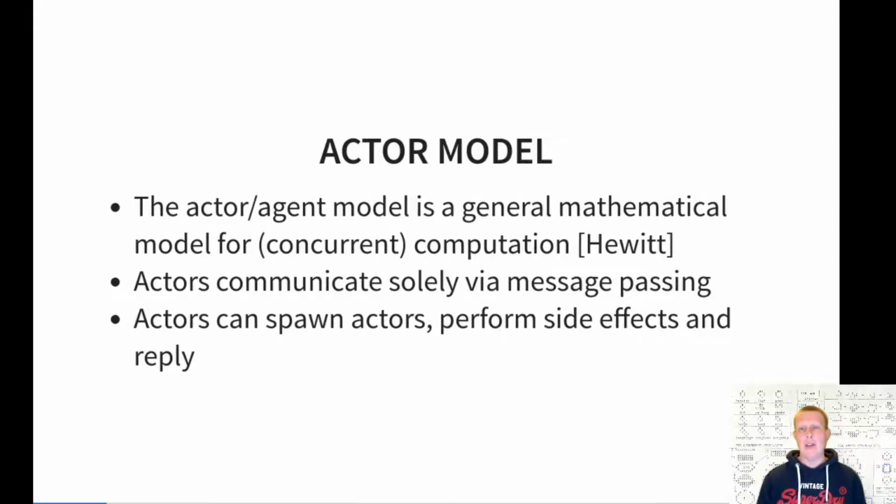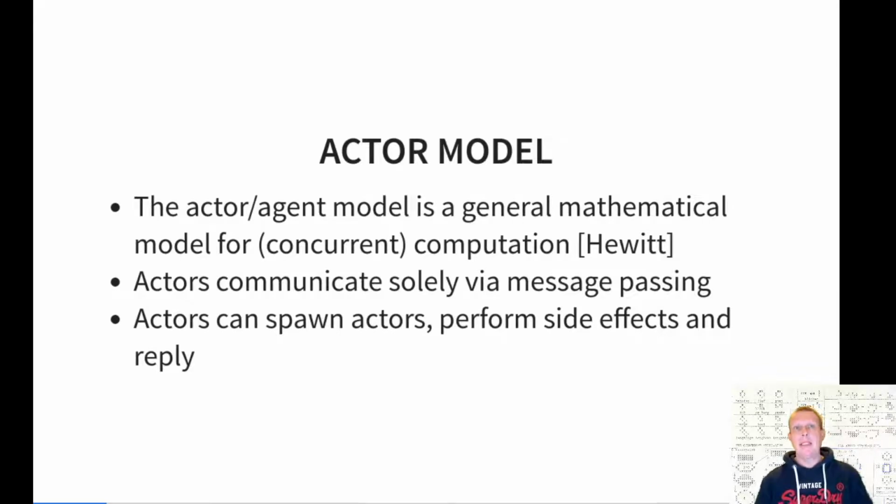Sometimes these actors are called agents. And this is it. An actor sends a message to somebody and they will reply, or they can spawn more actors, and those actors might send a message back. They can perform side effects and so on. So they can do all these things.